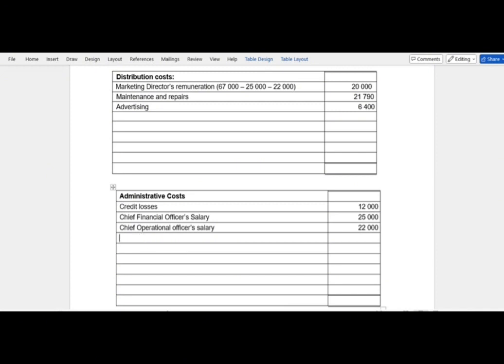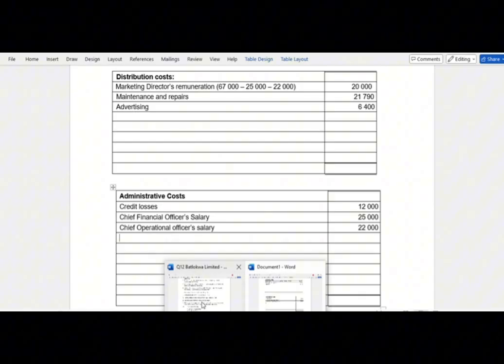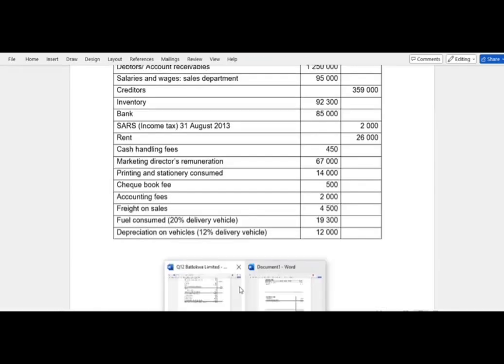So let's go and see which is up there. They say it's printing and stationery, so printing and stationery of 14,000.